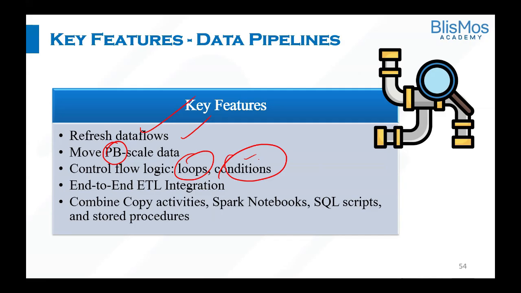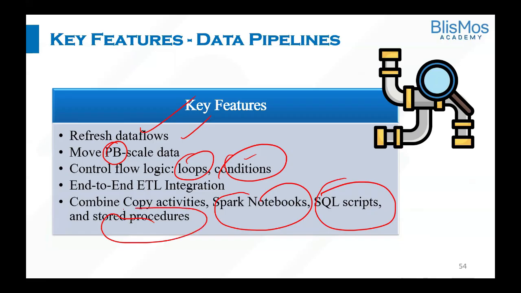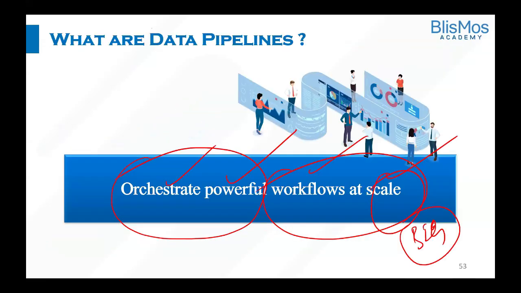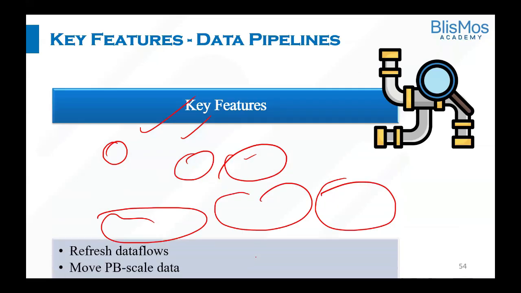You can also combine all these things with the wonderful Spark notebooks you have already been introduced to. You can use the SQL scripts, or you can do the stored procedures, right? That is the reason data pipelines are used to orchestrate powerful workflows at scale. When I say workflows, we are talking about the data workflows. So it has all these features.